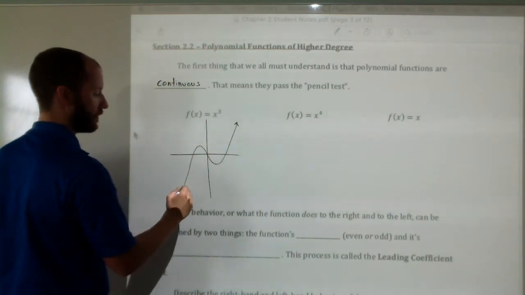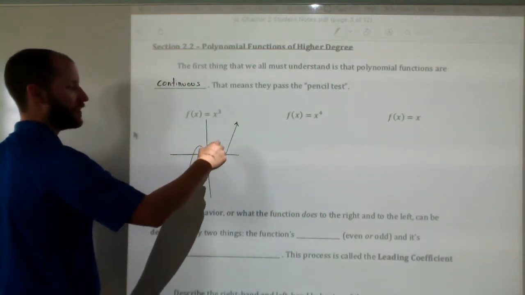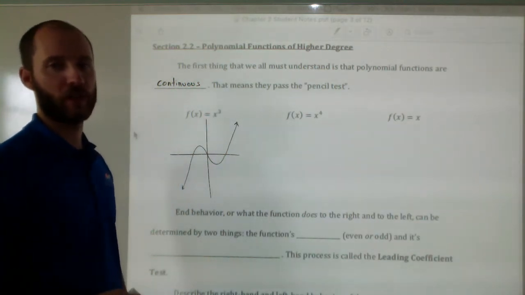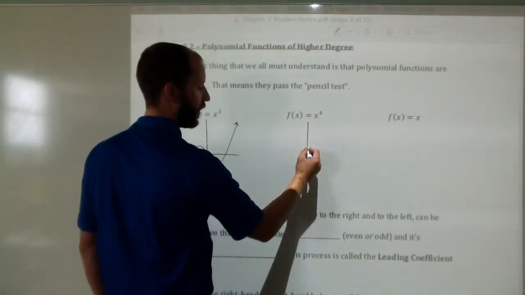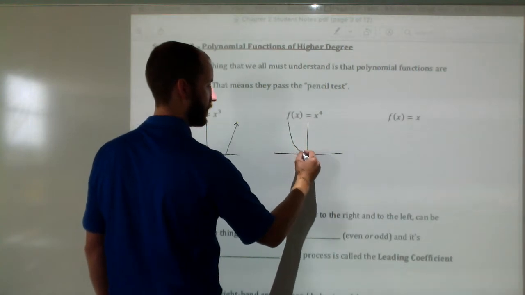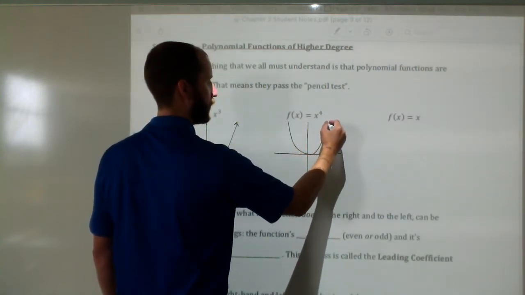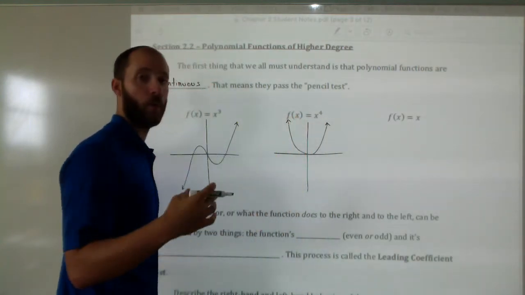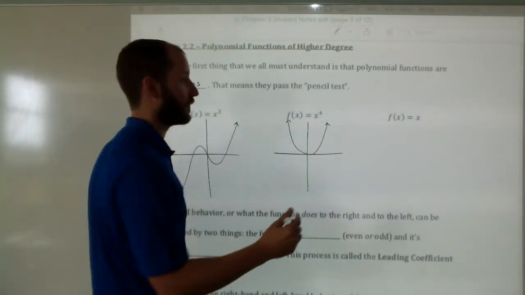It's one continuous smooth curve. When I draw x to the fourth, it comes down, it flattens out, it goes back up. Again, one smooth continuous curve.